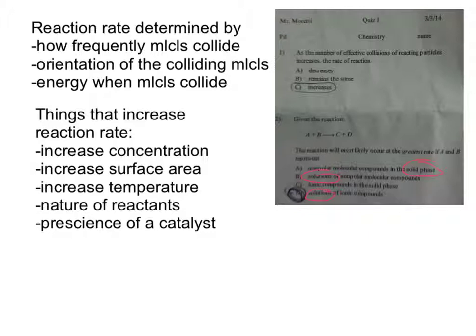Now, what I said before about things that increase the reaction rate, I talked about the nature of reactants as well as the temperature. When we think about solids, liquids, and gases, solids are generally coldest, whereas gases are very hot. So the gases will be warmer than liquids, which will be warmer than solids.